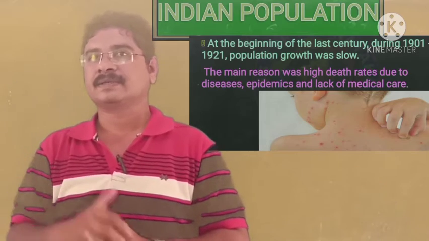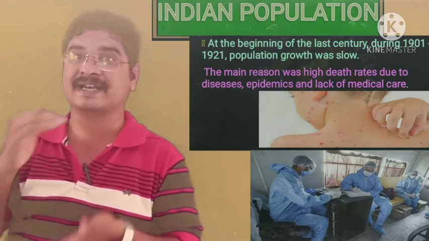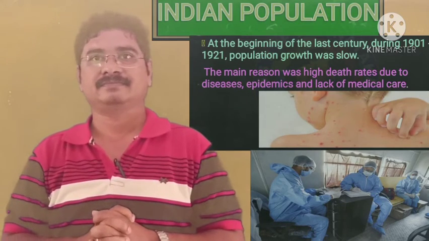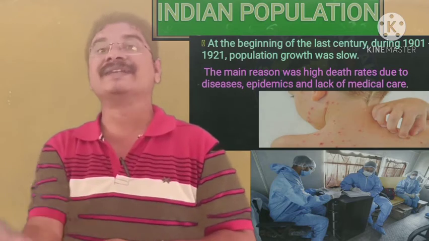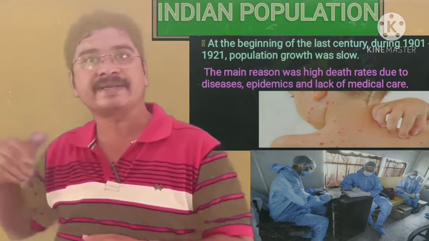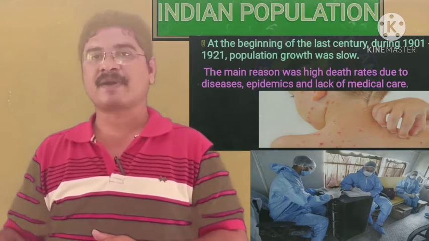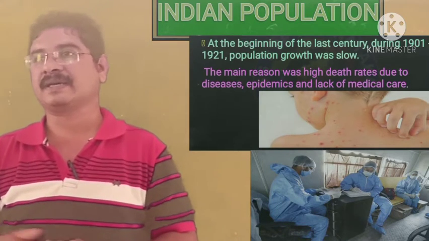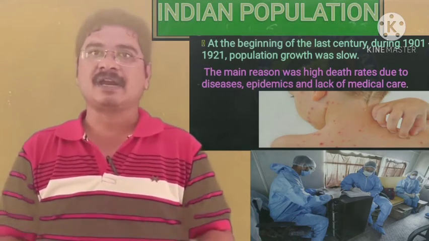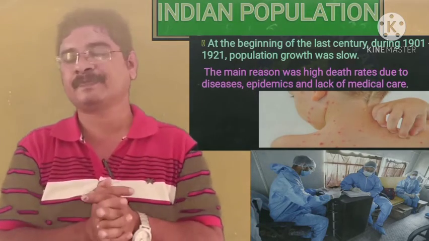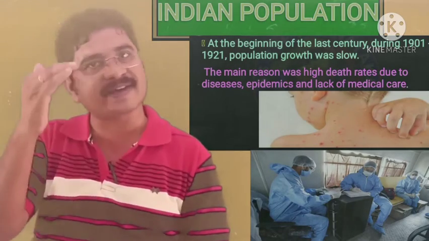The main reason was high death rates due to pandemic diseases, epidemics, and lack of medical care. Because of these reasons, during 1901 to 1921, the population growth was very, very slow.